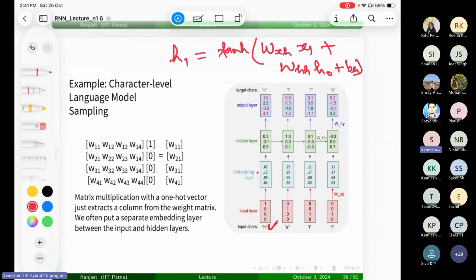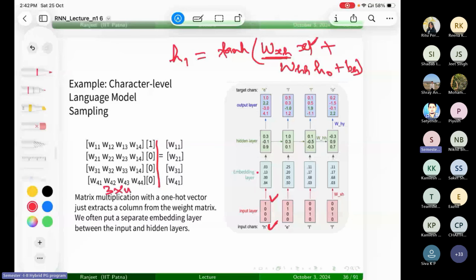Now, what is x1? Your x1 is a one hot encoding vector. So let us consider the first case. Your x1 is 1000, and this vector is getting multiplied with the W_xh matrix, which is of dimension 3 by 4.